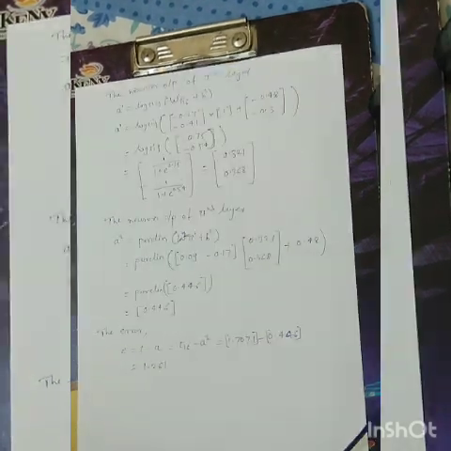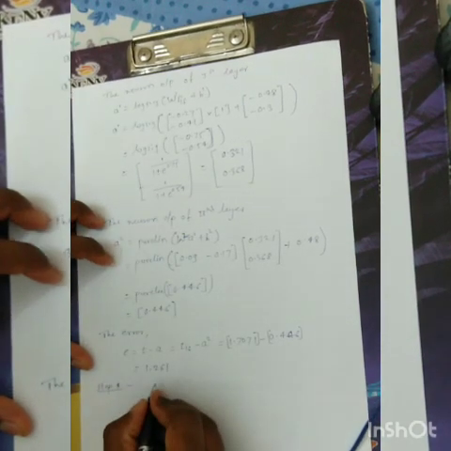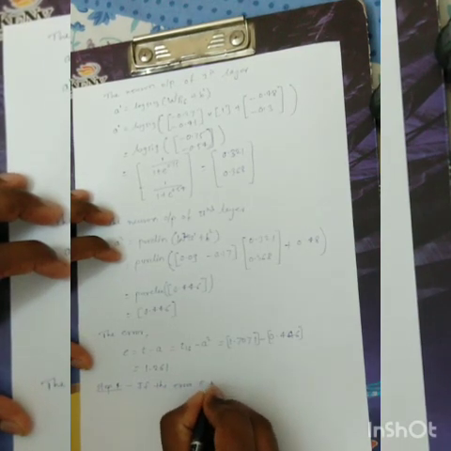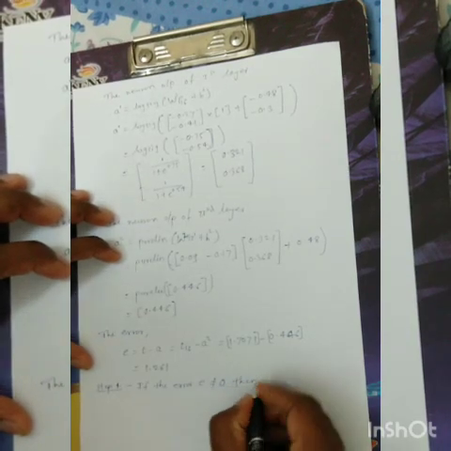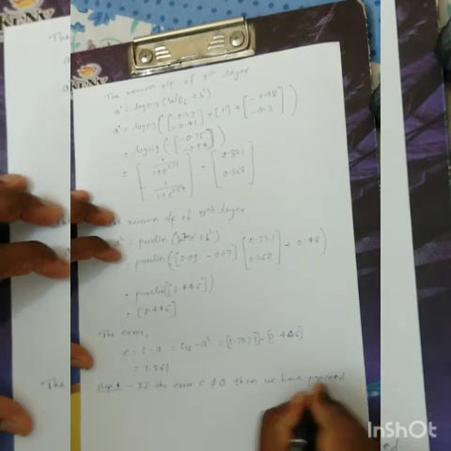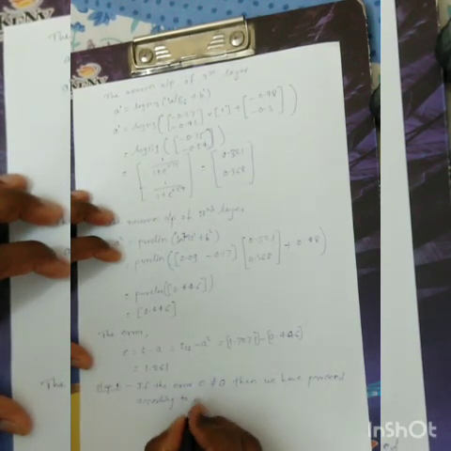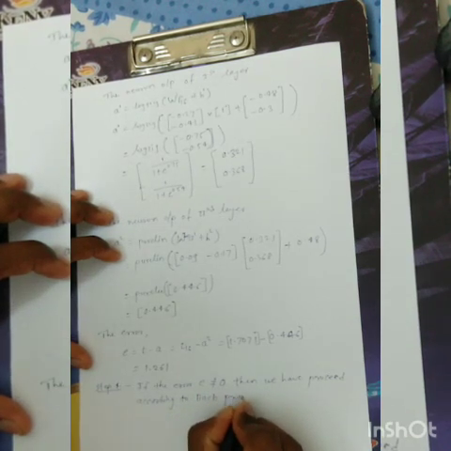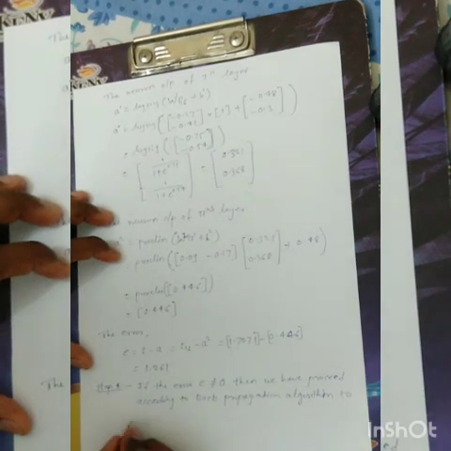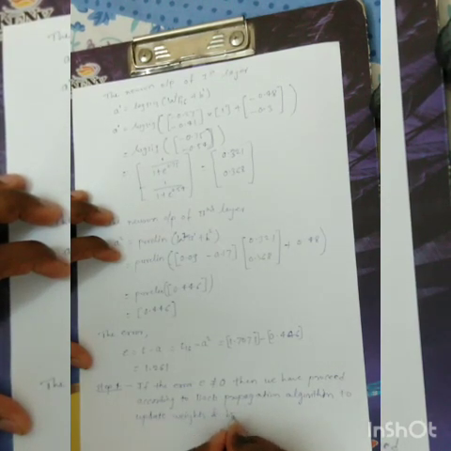Therefore the next step, that is step number 4, if the error is not equal to 0, then we have to proceed according to back propagation algorithm to update weights and biases.